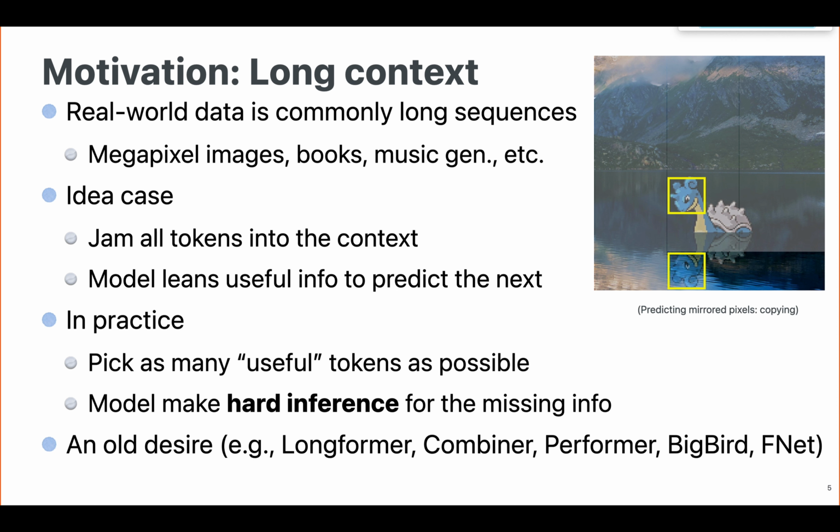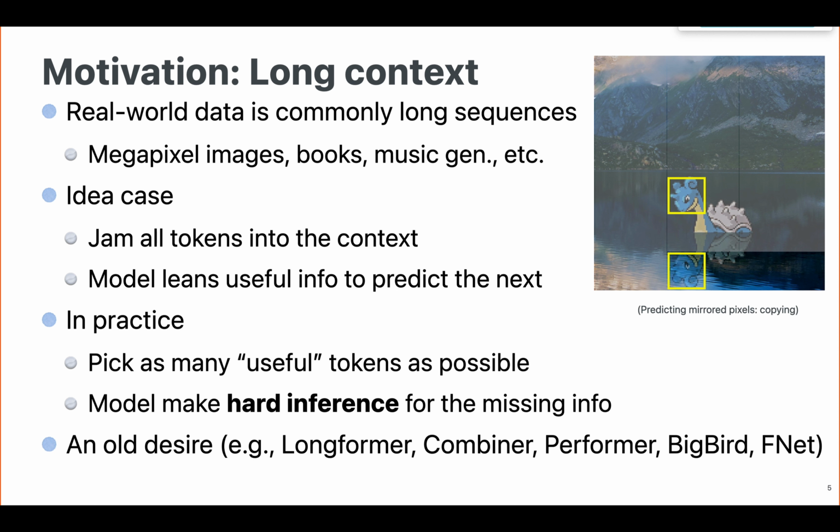The simplest way we can do is to just copy pixel by pixel from the top to the bottom, right? But in that case, what we need is to fit all the pixels prior to the position we're predicting into our context, so that the model can pick up the useful information and do the copying task. Actually, in the long sequence community, there's also a benchmark just for the copying task.